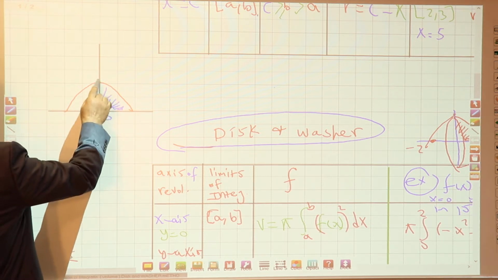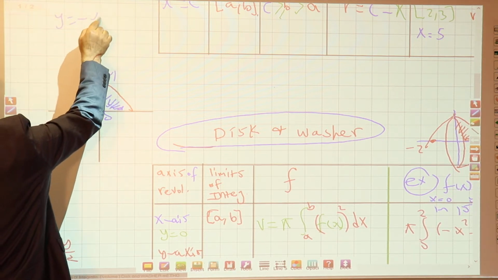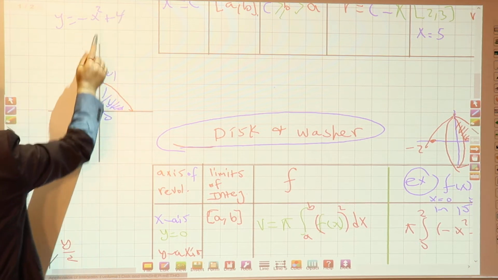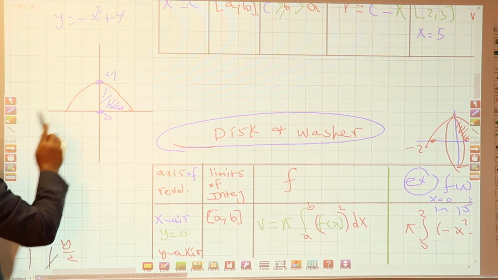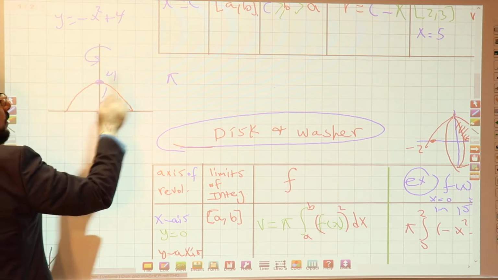This is 0, and we need to find this 4, because the function is y equals negative x squared plus 4. When you plug in 0, you get 4. Then pi.